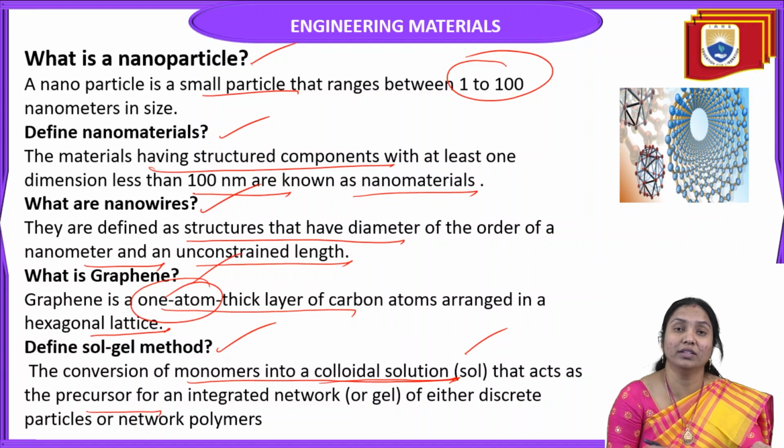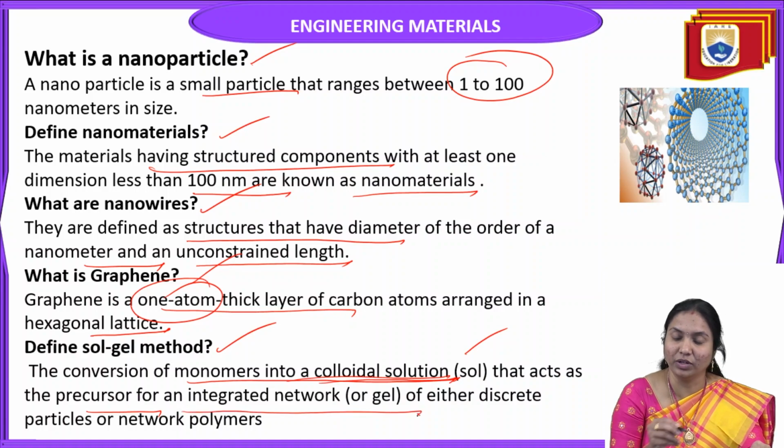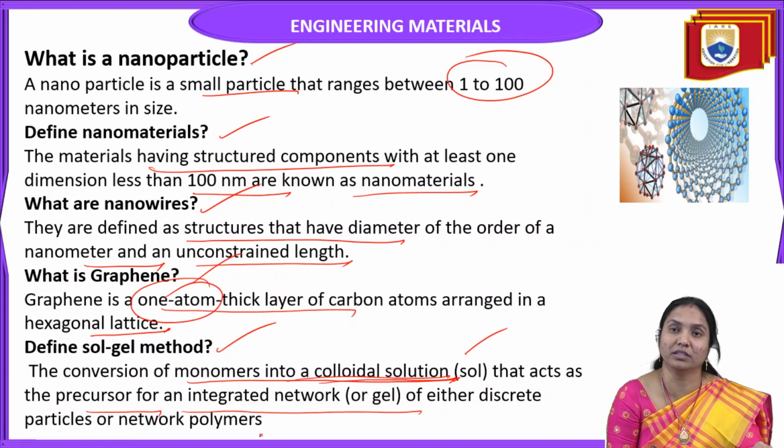In the Sol-Gel method, Sol means the conversion of monomers into a colloidal solution. Here the Sol acts as a precursor, meaning starting material, for an integrated network, that is, a gel of either discrete particles or network polymers.